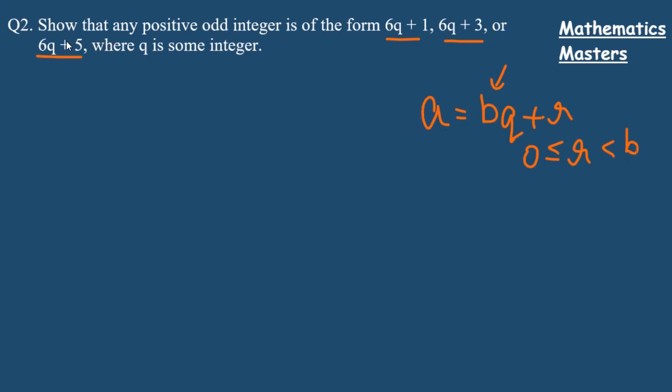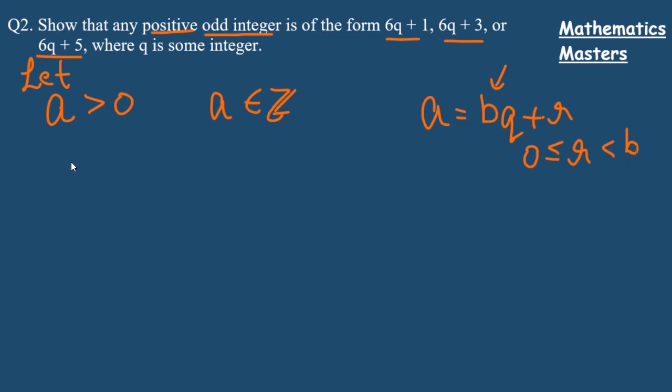Okay, let us read the question again. Show that any positive odd integer. What are the underlined keywords? Positive odd integer. So let a be any positive integer, a greater than 0, that means a is a positive integer and a belongs to Z, that means it is an integer, and greater than 0 means positive.